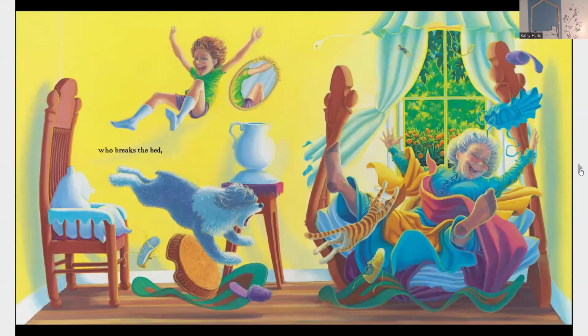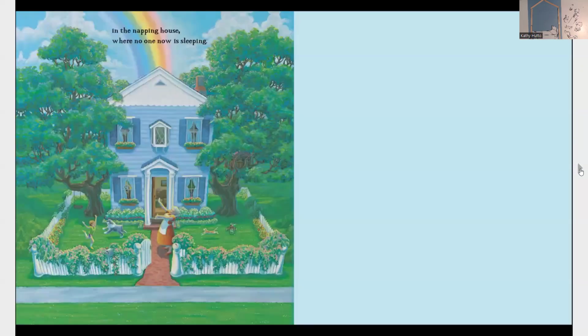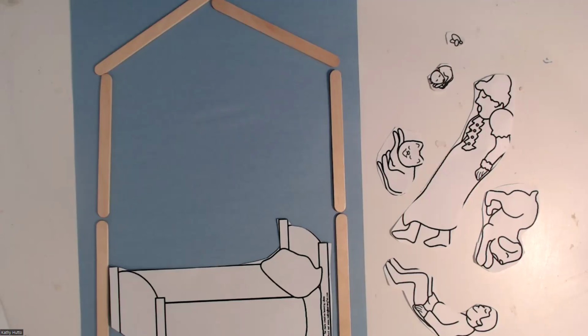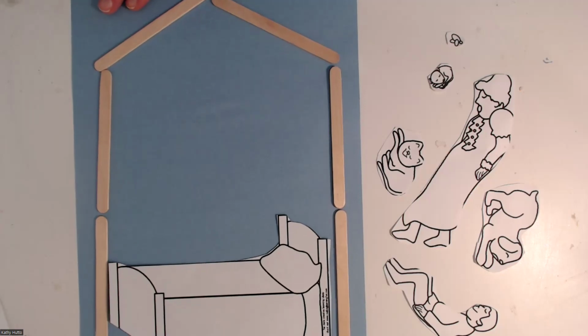Crack. In the napping house where no one now is sleeping. It's time to wake up. Look at the rainbow. It's not raining anymore. The end.